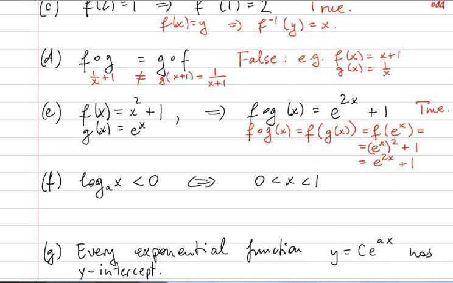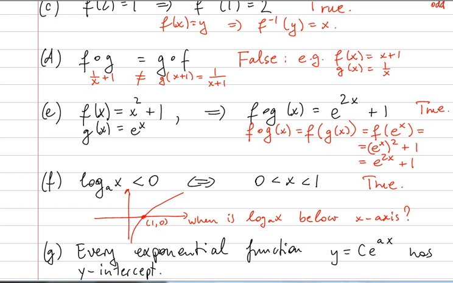The next question is asking: logarithm base a of x less than 0 if and only if x is between 0 and 1. This is true. And the way to see it is to draw the graph of the logarithm function. The graph of the logarithm function always passes through this point 1, 0. So when is log base a of x below the x-axis, that's asking when is log base a of x less than 0.